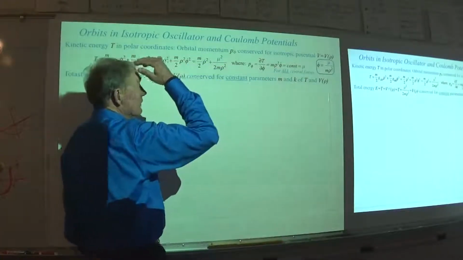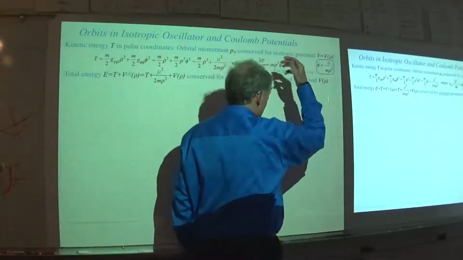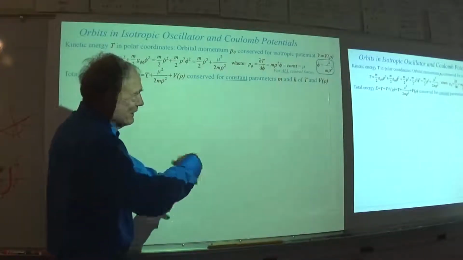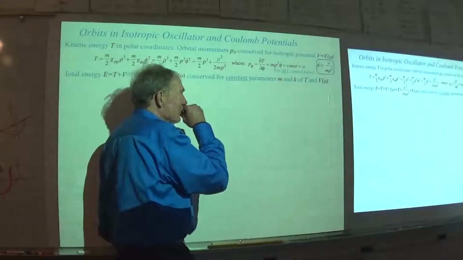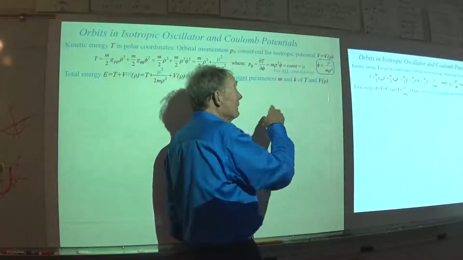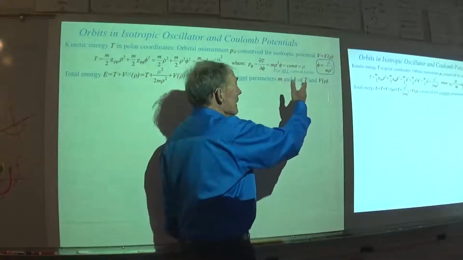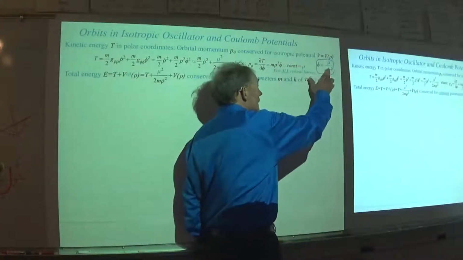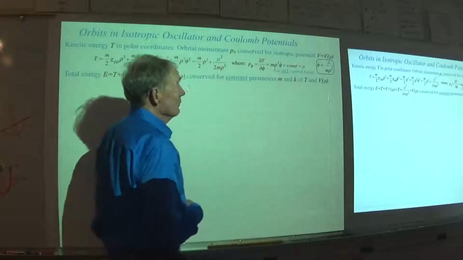That's a constant. We're just going to use the letter mu for that. Greek for M. It would be the magnetic quantum number if this was a quantum mechanical problem. M is often used as the magnetic label for angular momentum in the z direction.